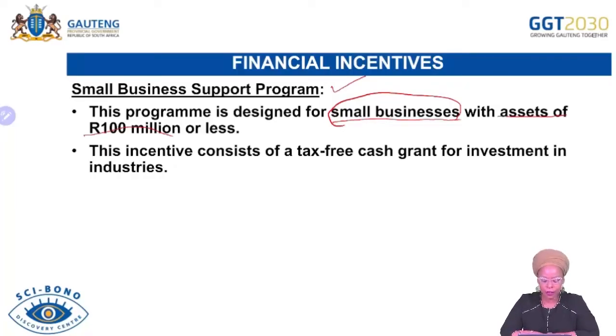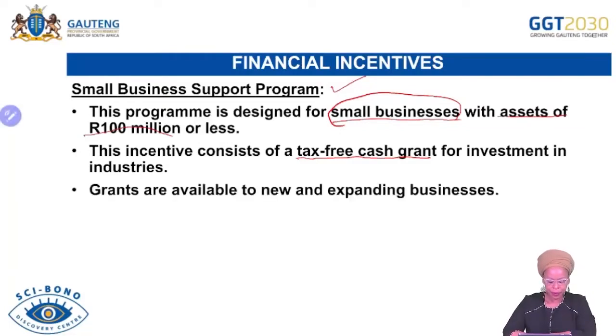This incentive consists of a tax-free grant for investment in industries. So you don't pay tax for this particular grant, and its purpose should be for investment in industries. The grants are available not only to new industries, but they are also available for existing industries which need to expand.